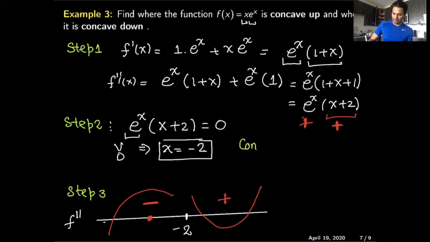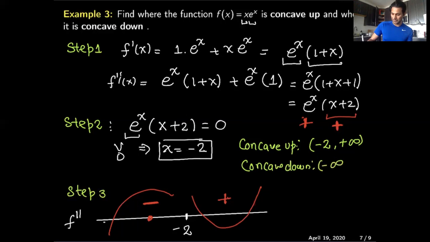So concave up is from -2 to positive infinity, concave down is from minus infinity to -2, and the inflection point is basically -2.